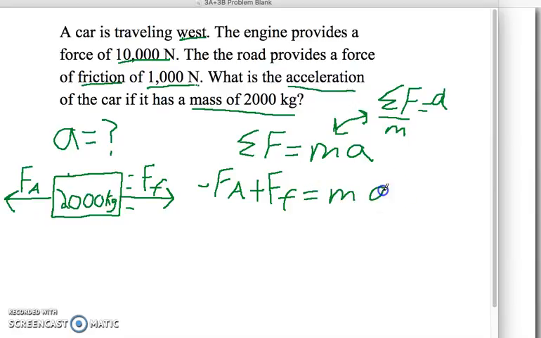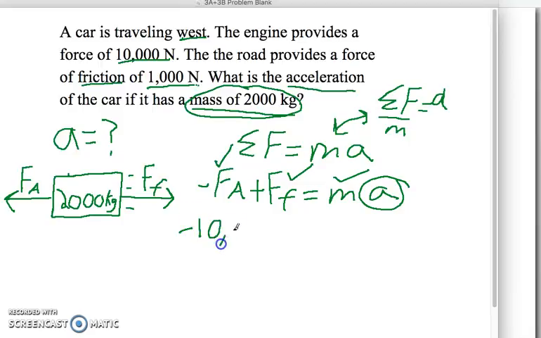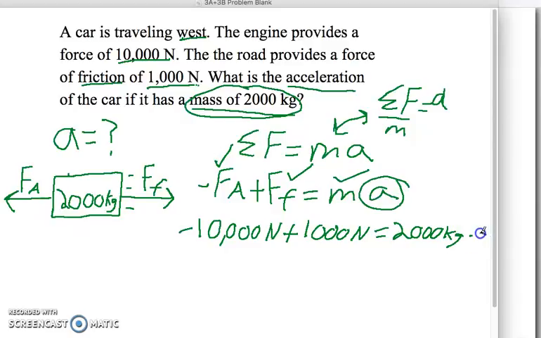Equals m a. And now we actually know most of this. We could solve for a because we know the mass that's given. Right, we have our mass right here. We have the force applied from the engine, that's given, and we have the force of friction, that's given. So really we just need to plug everything in and solve for a right here. So I'm going to plug in, we need to preserve the negative, negative 10,000 newtons, N, plus the force of friction, that's 1,000 newtons, is equal to 2,000 kilograms, that's the mass, times a.